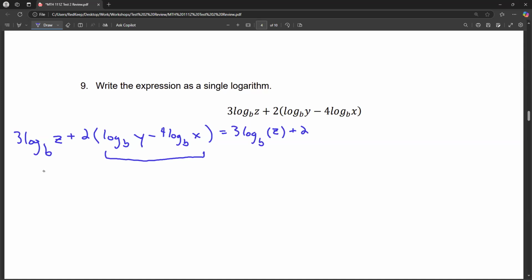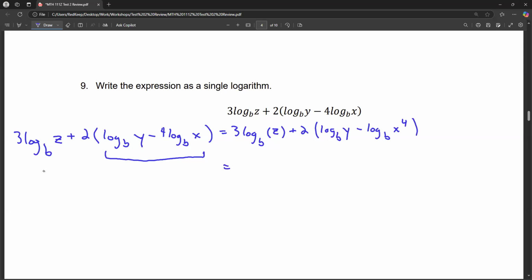It looks like I probably should clean up that second term first, right, before I apply the division rule of logarithms. And so let me rewrite this. Okay. And so that's becoming log base b of x to the fourth, right? That coefficient can go back up in the exponent position.